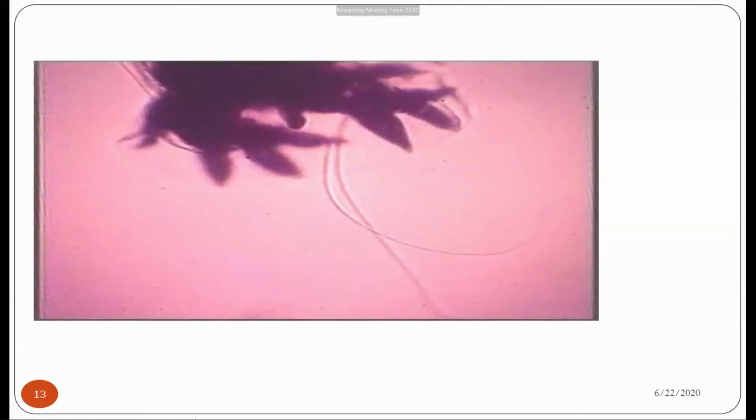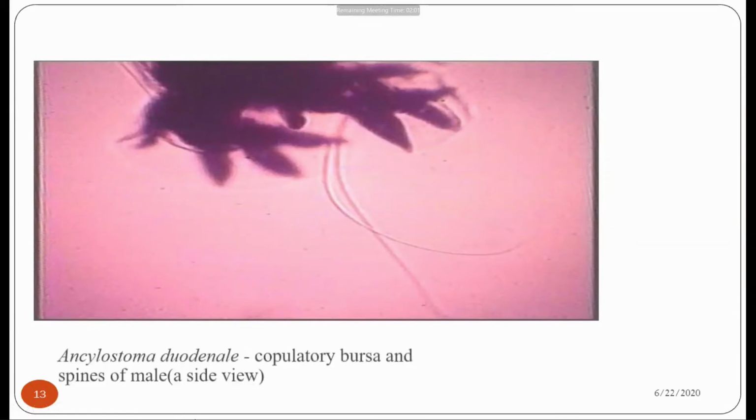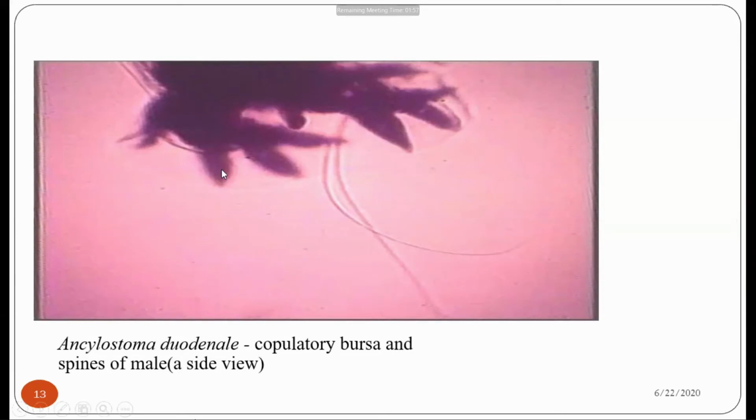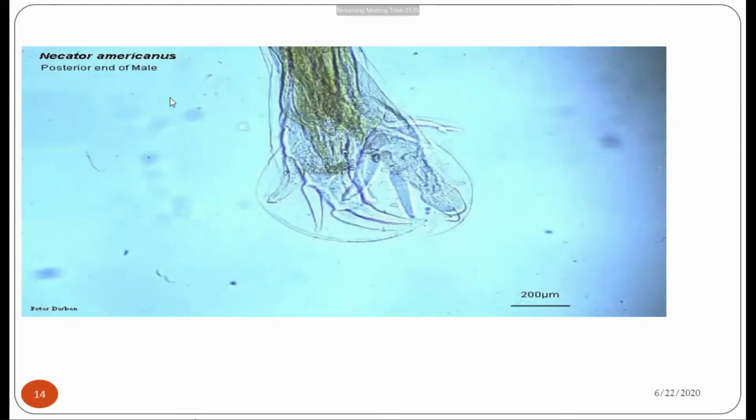This is the picture which shows the caudal part of Ancylostoma duodenale, where there is presence of a copulatory bursa and copulatory spines in the adult male worms of Ancylostoma duodenale. This is the caudal or copulatory bursa of Necator americanus.